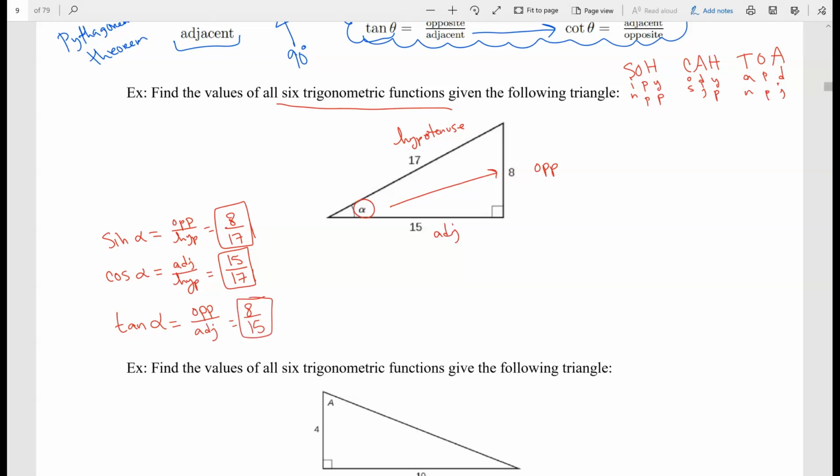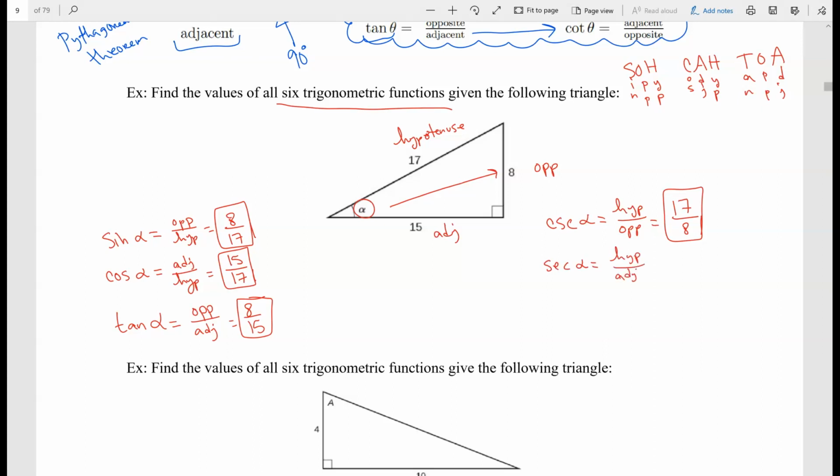And now we can find the secant, cosecant, and cotangent. What I like to do is think that the opposite of sine is going to be cosecant of alpha. It's going to be the hypotenuse over the opposite, which is 17 over 8. The secant is going to be the hypotenuse over the adjacent.